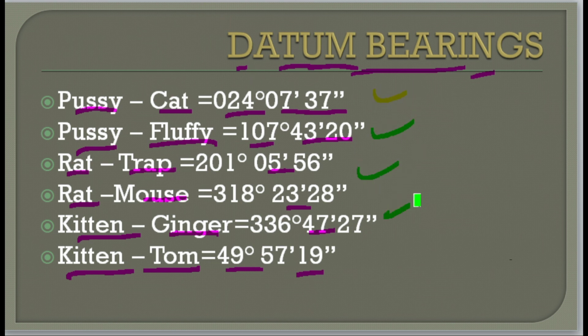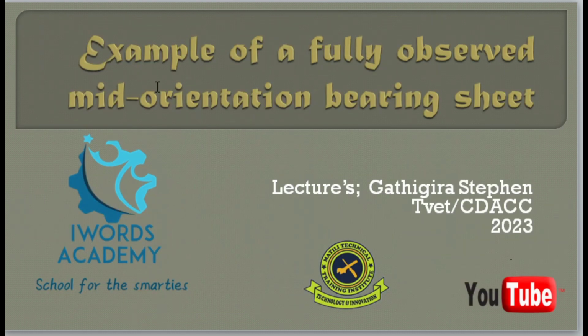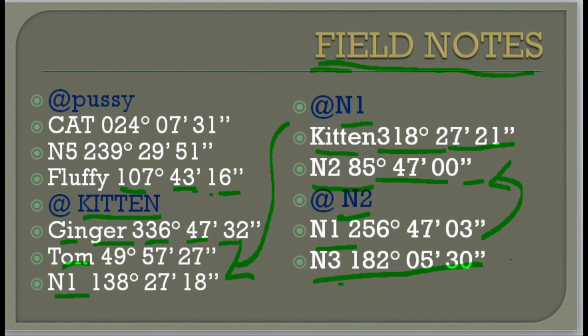And then the most important thing under the mid. So here we have the mid orientation bearing sheet. The most important thing that we are supposed to learn is that since the observations of the Pussy here have been oriented to the Cat and to the Fluffy, the bearing correction is done separately.